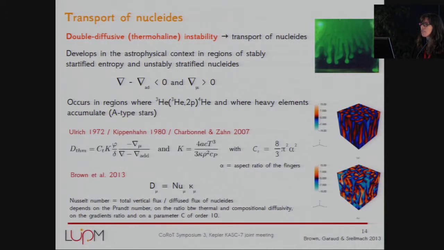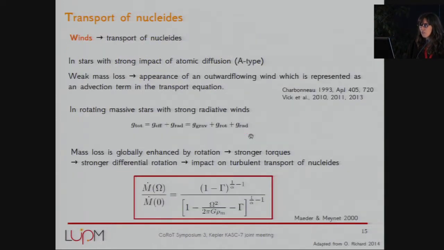It can also happen in A-type stars where you have heavy element concentrations due to atomic diffusion. We have several formalisms available in the form of a diffusion coefficient for this instability, and the predictions of the formalisms can vary a lot. The efficiency of this kind of process is not yet calibrated, I would say.